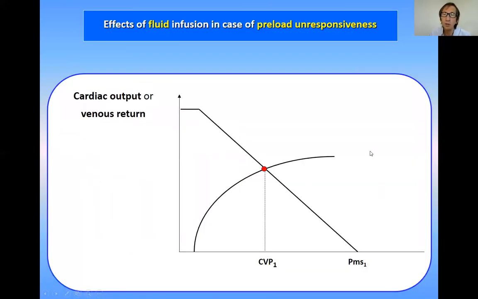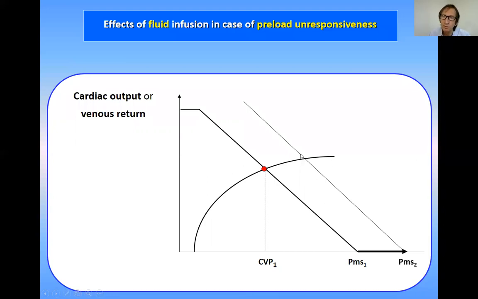But in case of preload unresponsiveness, this should be different, because we start from an equilibrium point which is already on a flat part, or almost on the flat part, of the Frank-Starling curve. And therefore, if we give fluid, we can move the venous return curve to the right, as I said before, and increase the mean systemic pressure.